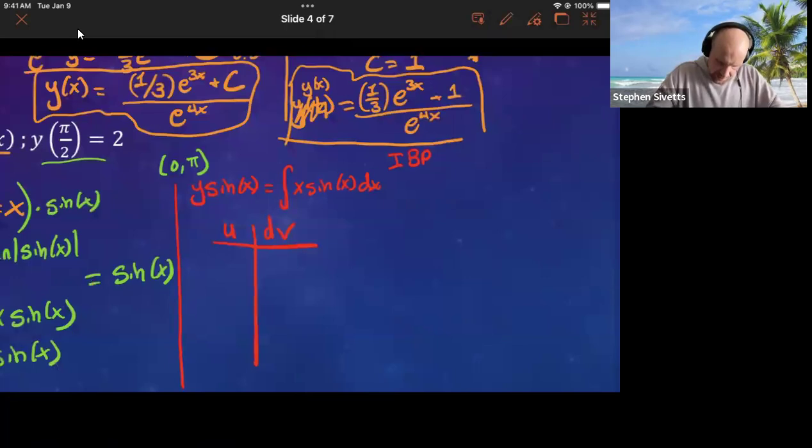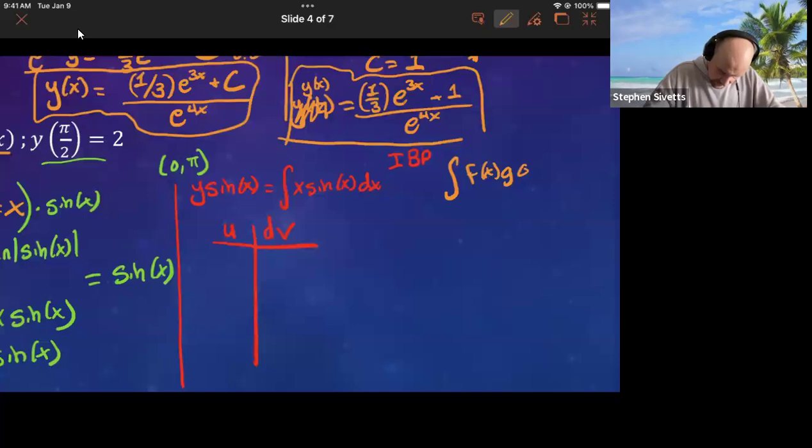Okay. So integration by parts only works if you have a product of two functions, f of x times g of x dx. Okay.